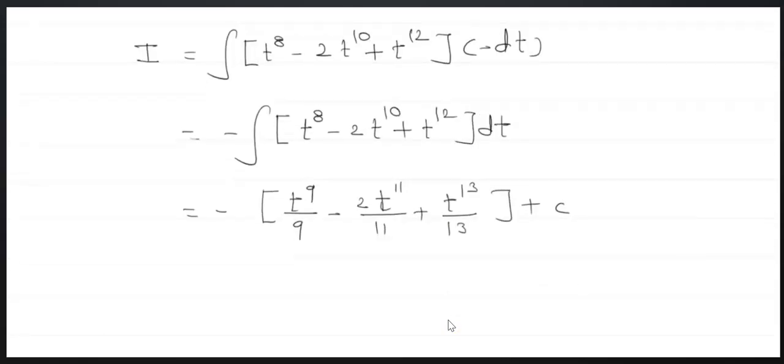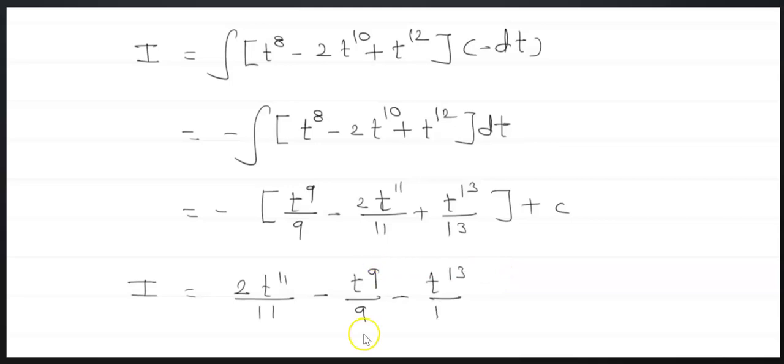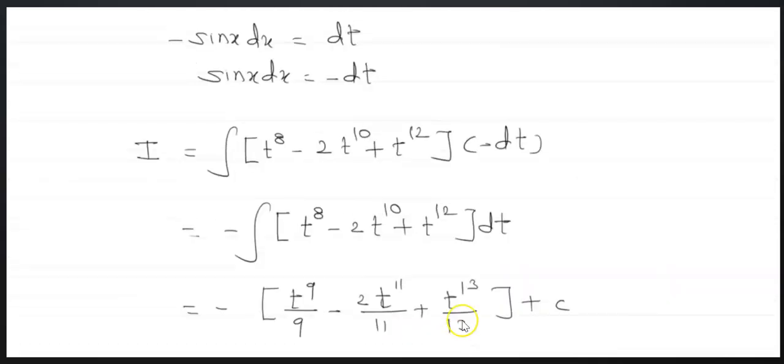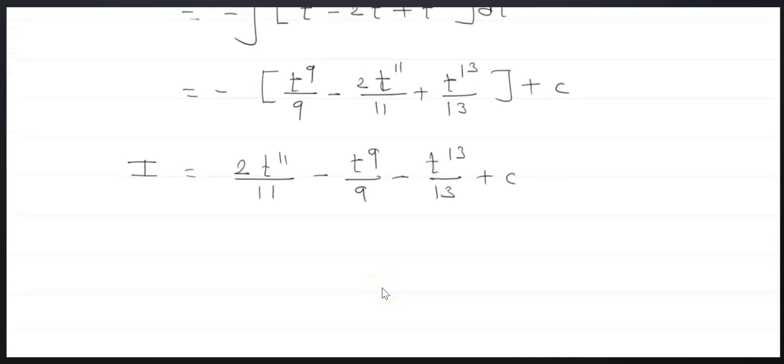Now replace the value of t. Minus 2 t raised to 11 upon 11 minus t raised to 9 upon 9 minus t raised to 13 upon 13 plus c, and replace the value of t.